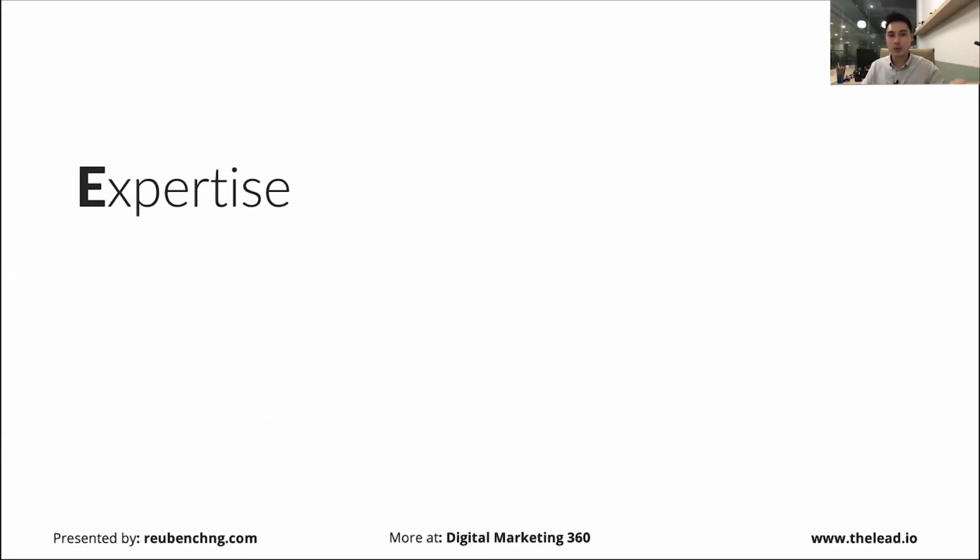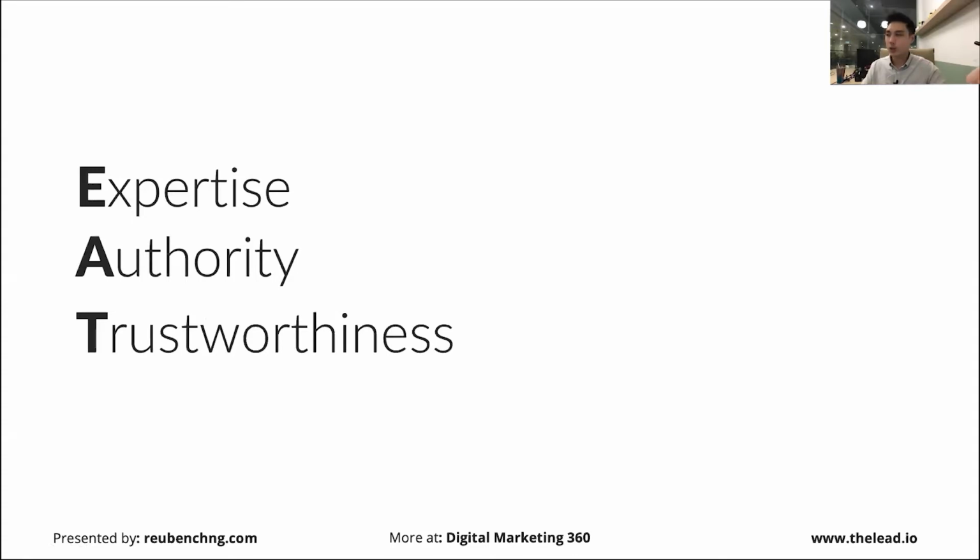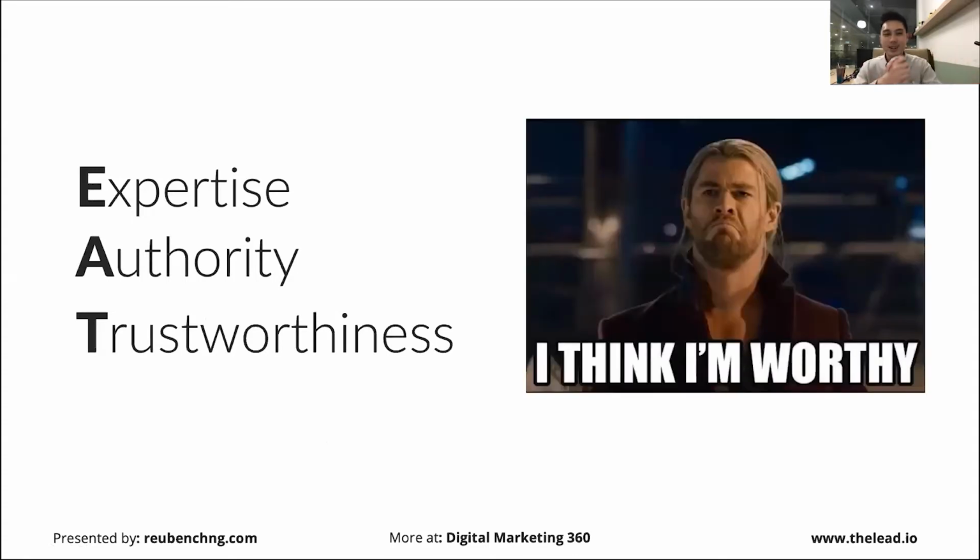So the first one is Google EAT. EAT stands for E, expertise, A, authority, and T, trustworthiness. All right, so basically, expertise. Now, your site would need expertise. So Google will take a look at it and see, hey, is this person writing about this piece of article content? Do they have the expertise to write this?